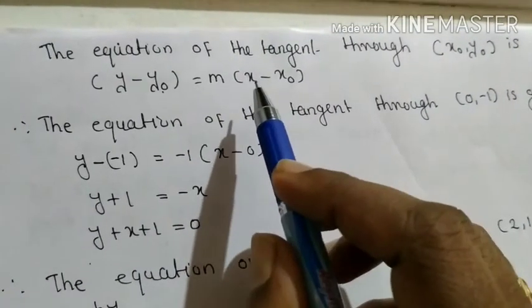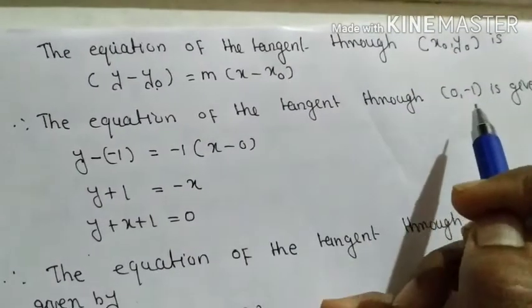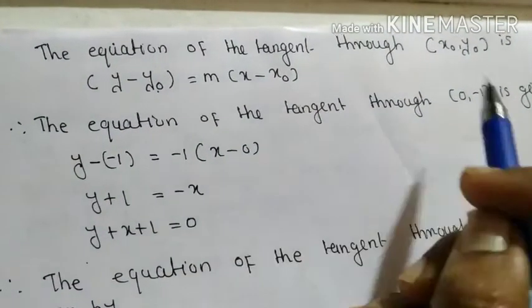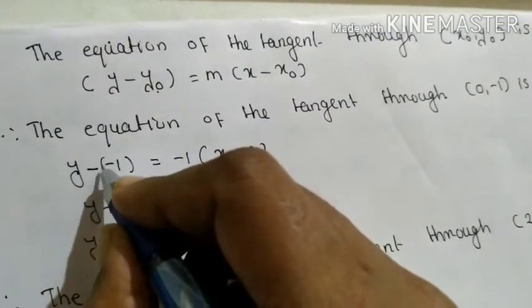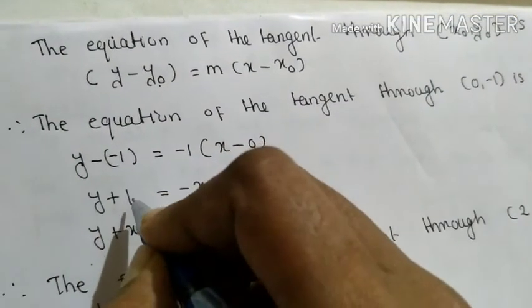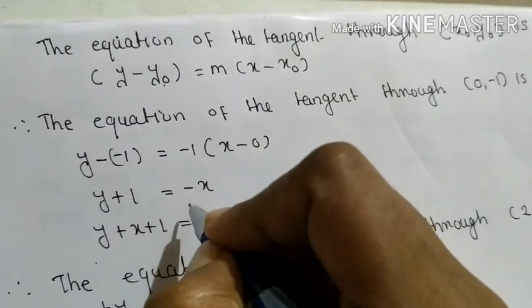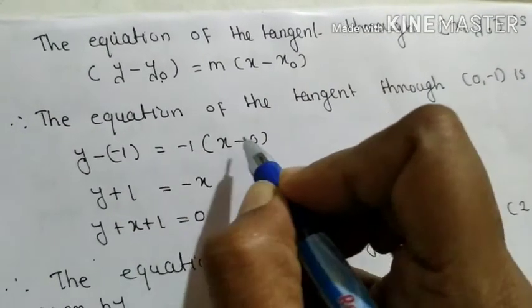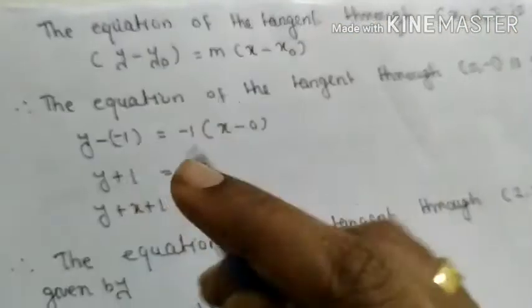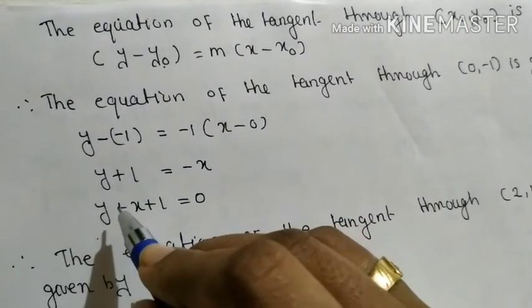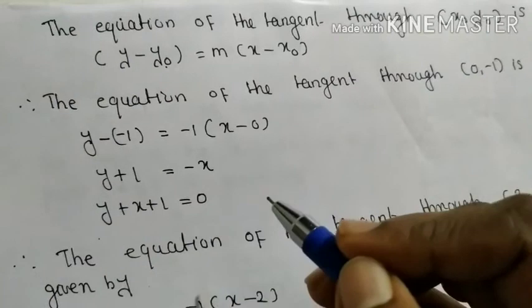And x minus x0, where x0 is 0. Substituting here, y minus of minus 1 will give plus 1, so y plus 1 equal to minus x. Taking all the terms to the LHS, we get our first equation: y plus x plus 1 equal to 0.